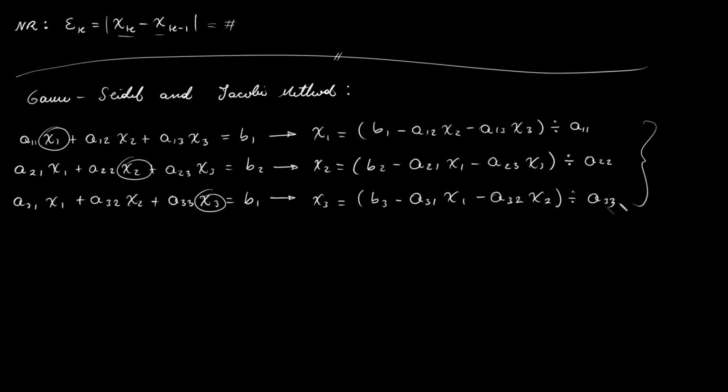So this right here is what we will use as our equation. This is what I will use to find X1, this is what I will use to find X2, and this is what I will use to find X3.